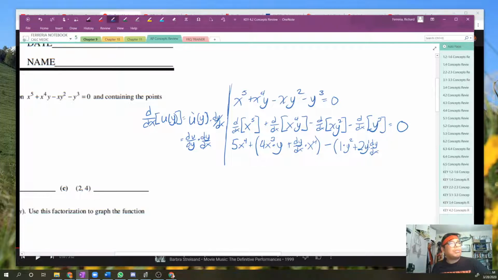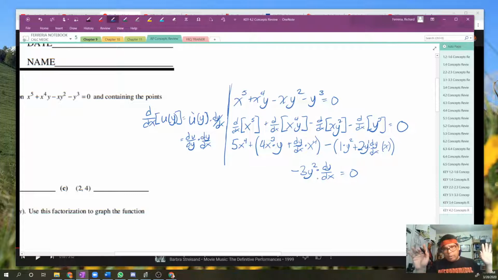All right, let's put a couple multiplication dots here, and then multiply that by x. Minus, now the derivative of any function cubed is 3 times that function squared multiplied by the derivative of that function with respect to x, equals 0.